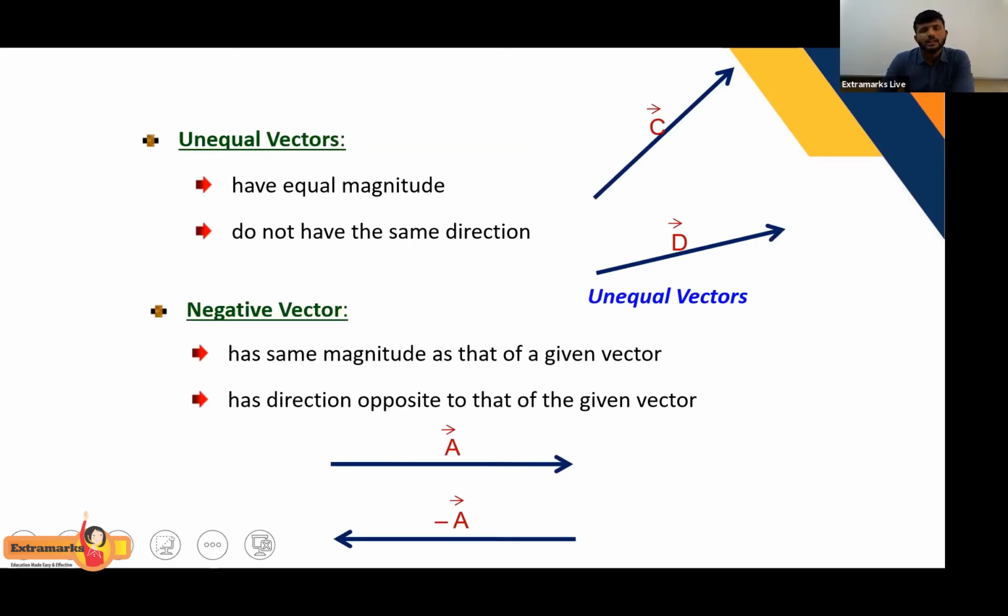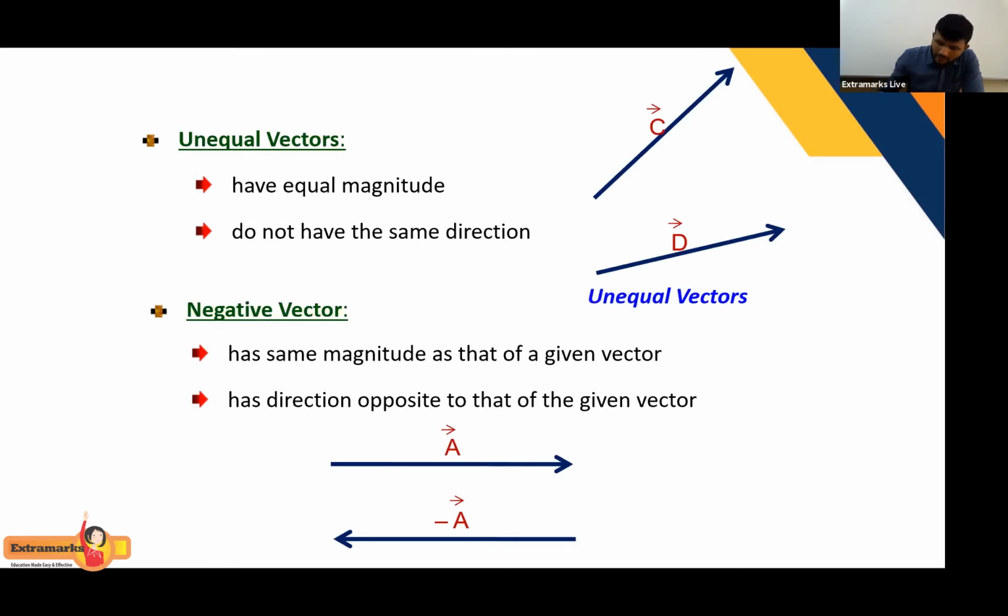Next is unequal vectors. You know that if I am equating vector quantities, I am equating their magnitude as well as direction. Now, if the vectors are unequal, then they have the same magnitude, but they have different directions.